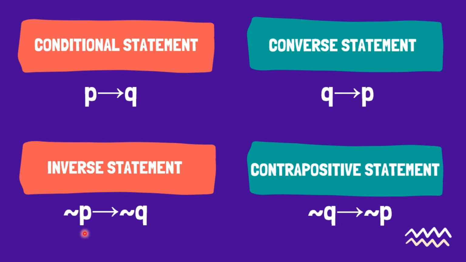Now, inverse naman is the same format with conditional statement but with negation. So, not P, arrow not Q. Or, if not P, then not Q. And then the contrapositive statement, converse lang siya with negation. So, you have not Q, arrow not P. If not Q, then not P.